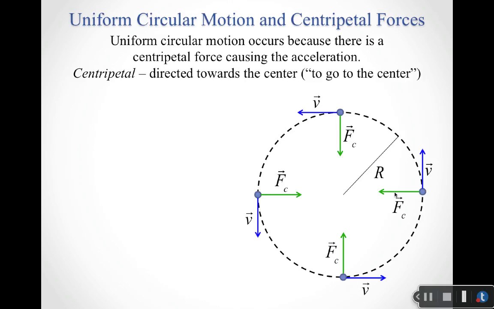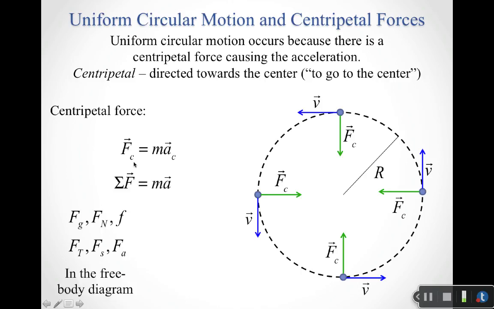What causes a centripetal acceleration is a centripetal force. The centripetal force is really just another way of saying what's the net force that causes the object to go in a circle. So the centripetal force is not some new force.